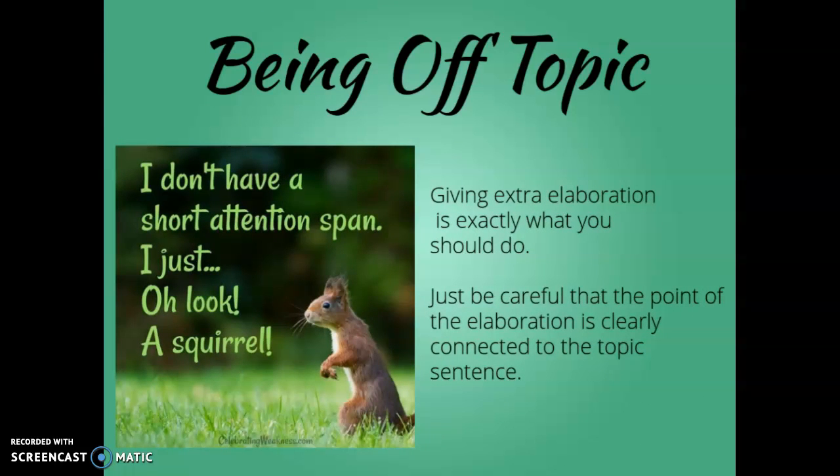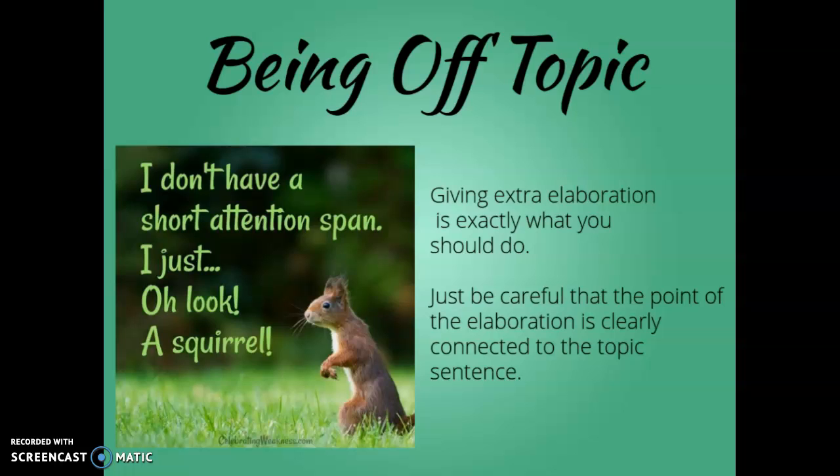Being off topic is another thing that I notice some students have a tendency to do. The way you can prevent that is: read the prompt, read the prompt, read the prompt. If what you are elaborating on does not at some point connect back to the topic of your essay, then you are off topic.